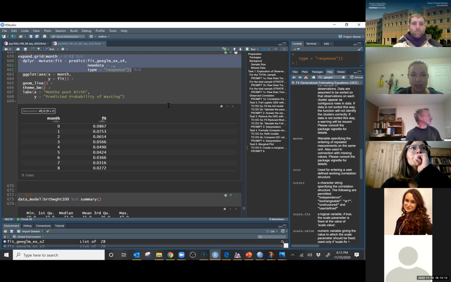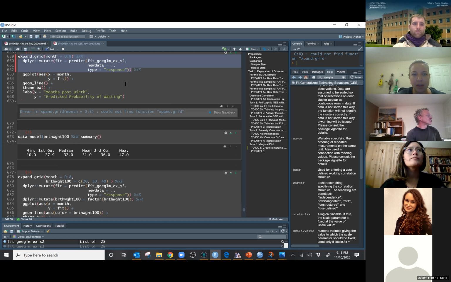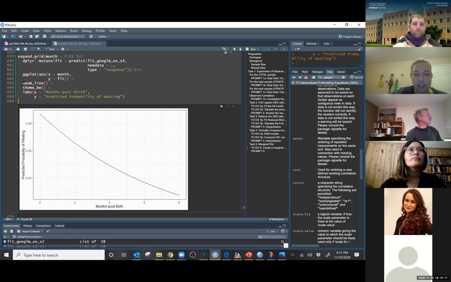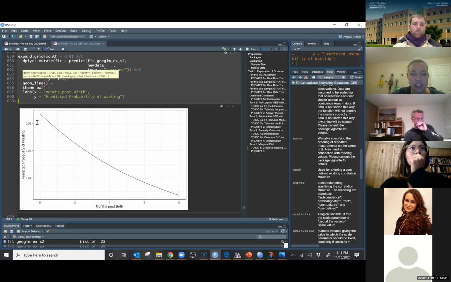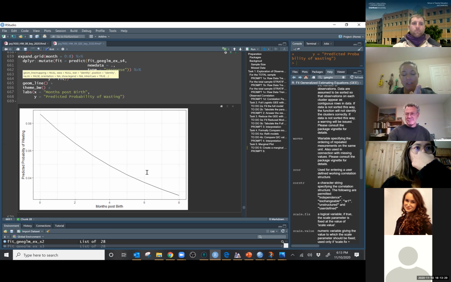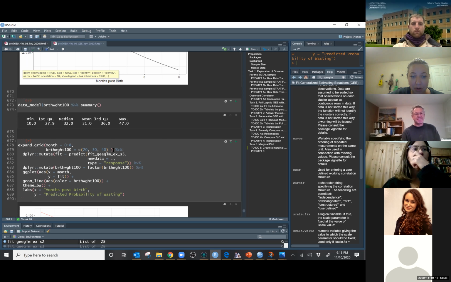And I made a line and you just see one line. So we can see initially, this is our risk of wasting. And then as the baby gets older, that risk declines. And we did not see it being different based on if they had diarrhea or they're boys or girls or both of those things. Now, what Joey was able to find was it does depend on birth weight.